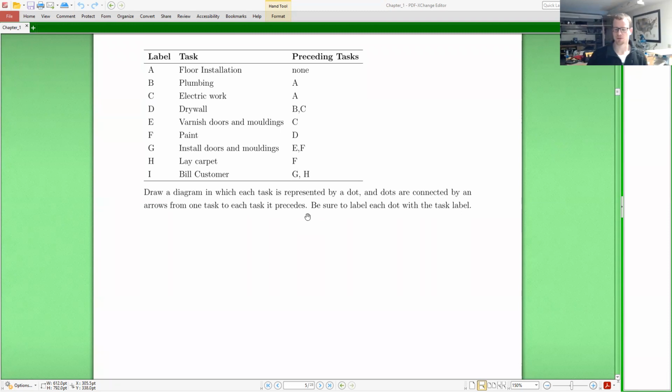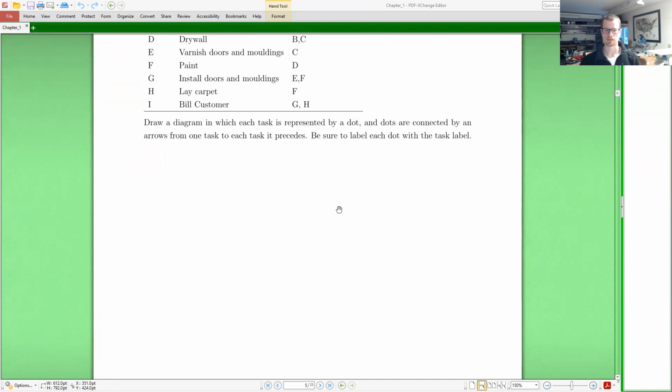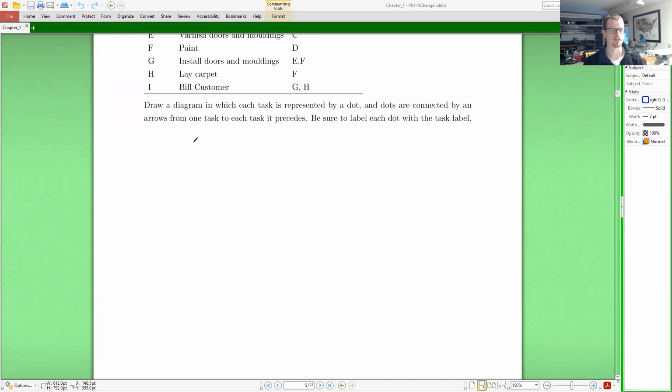So the first thing we're going to do is represent each task with a dot. So what tasks do we have? We have tasks A through I. Let's see here. That is 2, 4, 6, 8, 9 tasks. 9 tasks. All right, so if I want to split it into 9, I can do a triangle and then split each of these up into 2 more.